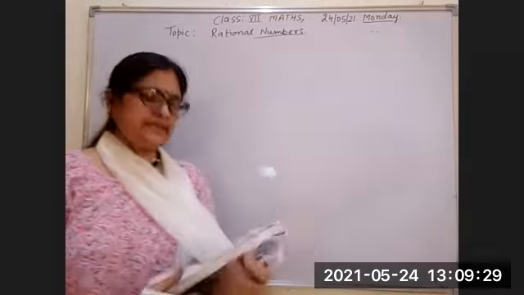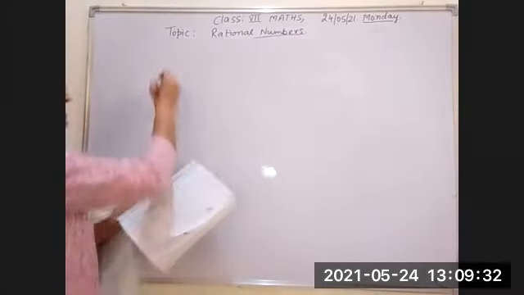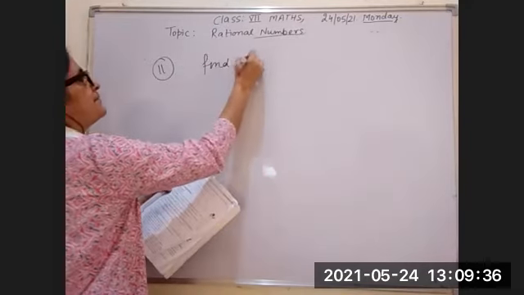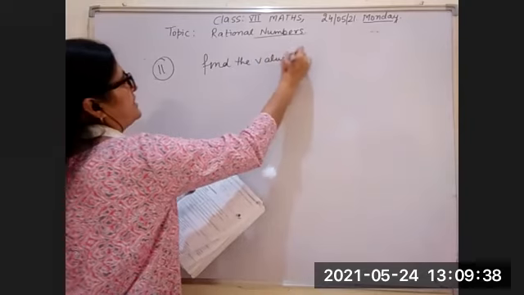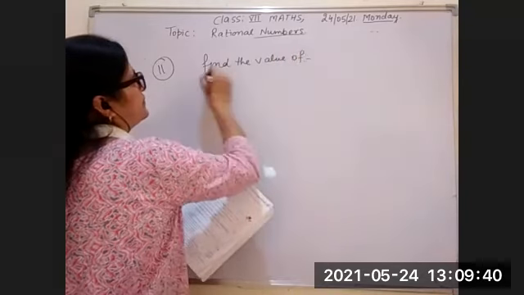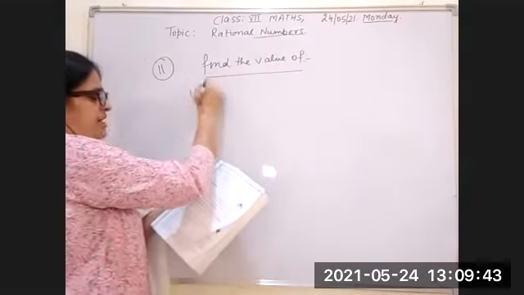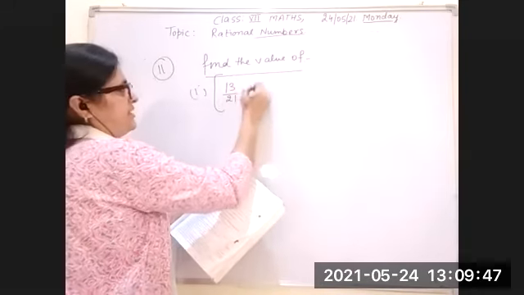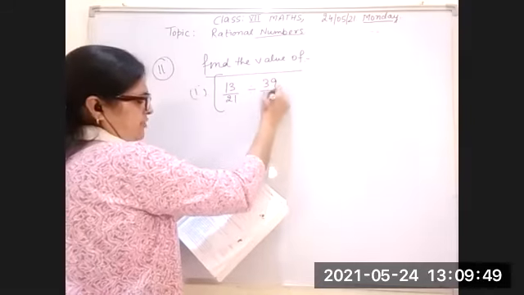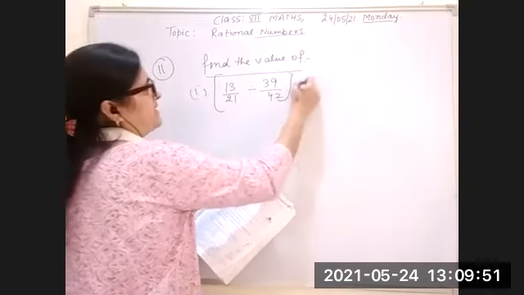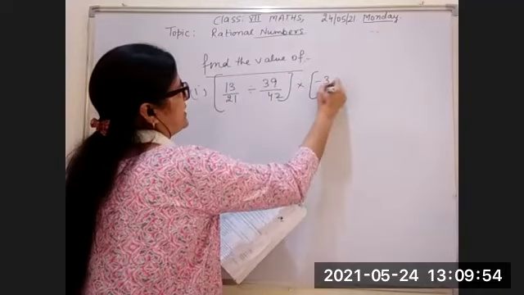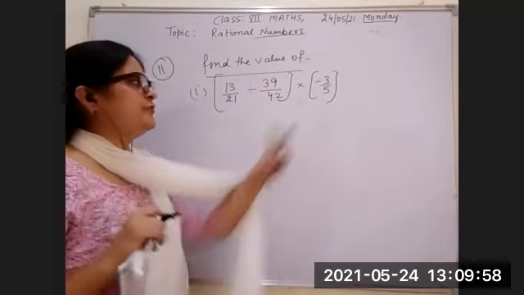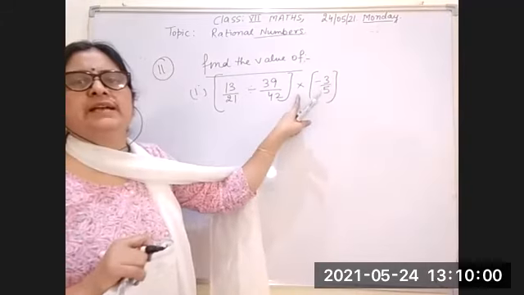Now in the next question, question number 11, you have to find the value of the expression. The first part is given in the bracket: 13/21 divided by 39/42, and in the second bracket you have been given minus 3/5, and before the bracket the multiply sign is given.